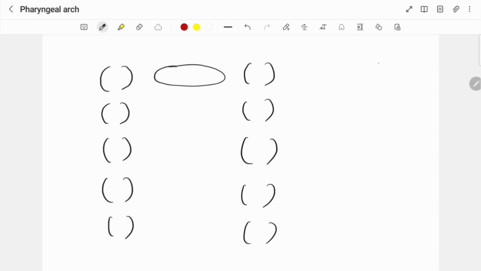Now these arches are interconnected with each other. How? Like this, by forming a depression on both sides, the outer side as well as the inner side. Same for the opposite side, they are interconnected with each other.